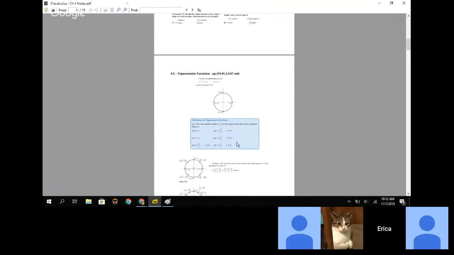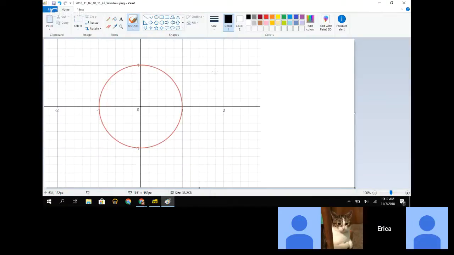We're right here. We're talking about this blue box, the definition of trigonometric functions. Okay, so we have let t be a real number and x and y be the point on the unit circle corresponding to t. And then we're going to define what sine, cosine, tangent, and cosecant, secant, and cotangent are.